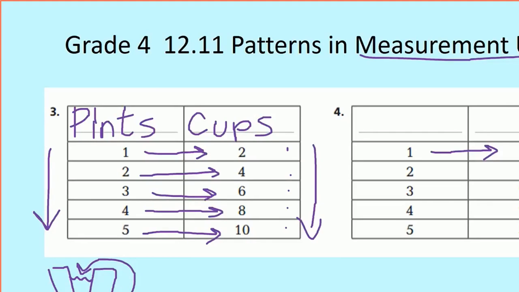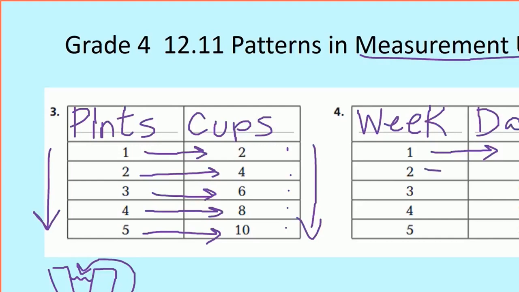I bet you can find it. 1, I'll start the first letter again, equals 7. Well, this might be the one that's not even on your sheet. I bet you know it, though. 1 week equals 7 days.